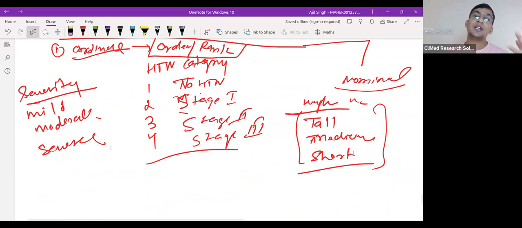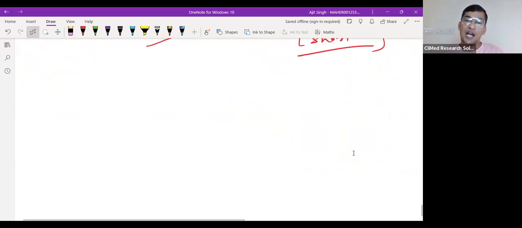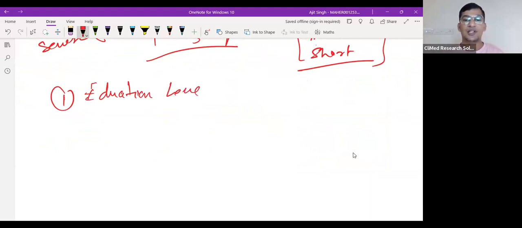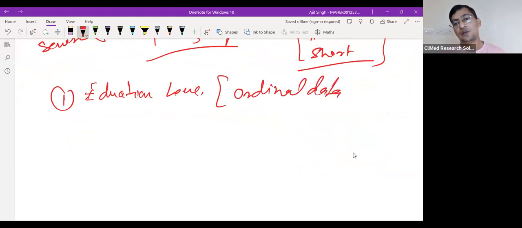So there will be categories, but there will be some type of order or rank in the categories. In our data, education level is nothing but ordinal data, or ranked data.